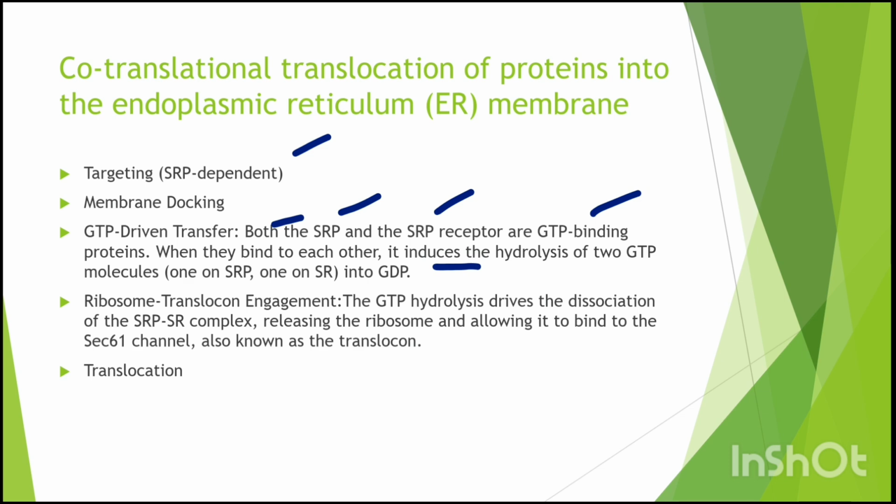Guanosine triphosphate breaks to form GDP, or guanosine diphosphate. Then ribosome translocon engagement: this hydrolysis drives the dissociation of the SRP and SR complex, releasing the ribosome, allowing it to bind with the Sec61 channel, which is a translocon channel. Then translocation takes place, that means the protein gets inserted inside the ER lumen.